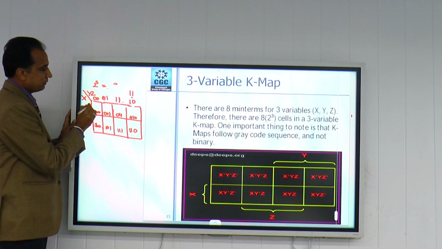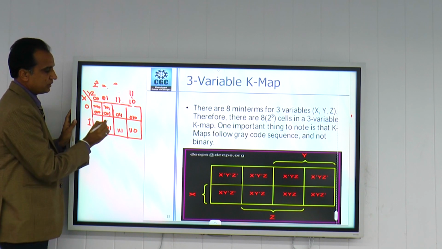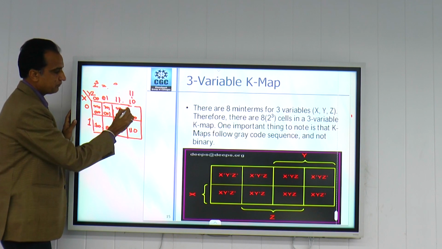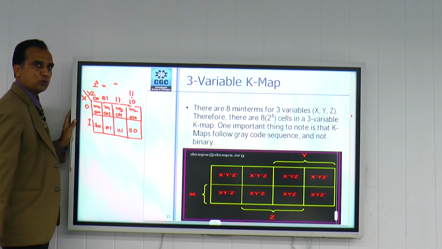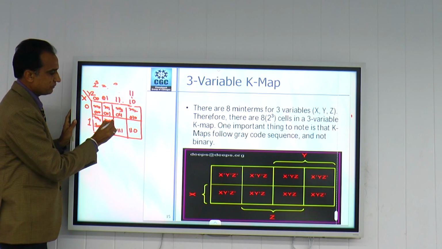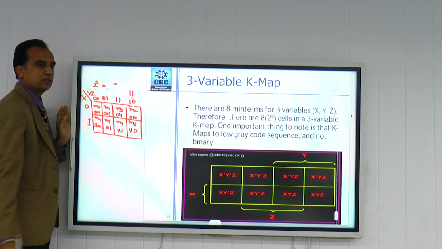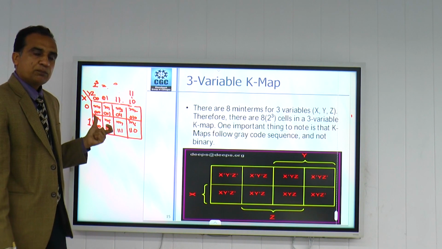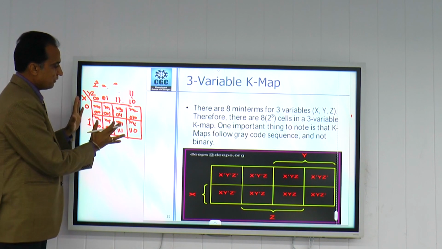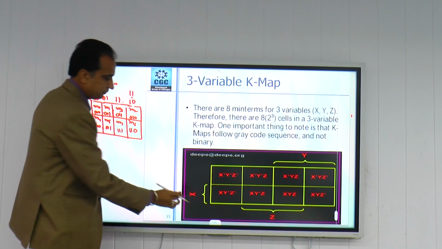If I write in terms of min terms, this is m0, m1, the decimal equivalent of this is 3, so m3, m2, m4, m5, m7 and m6. This is the example of the K-map in case of three variables. This is the way we represent the min terms in case of three variables.